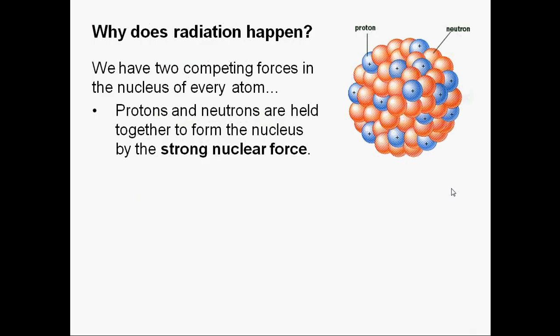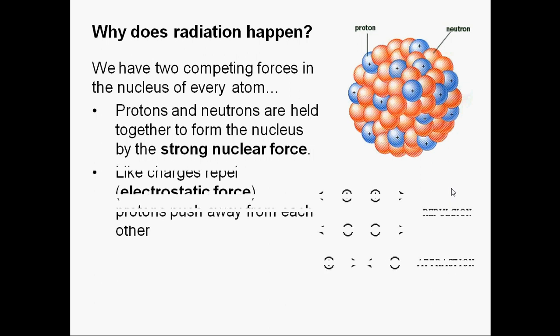Now, the reason for this to happen is basically we've got a fight of two different forces within every atom, battling it out to see who will win. The first force that we've got is the strong nuclear force. We don't know a ton about this, but we know that what it does is hold our protons and neutrons together. It's like the super glue that holds together the nucleus of an atom.